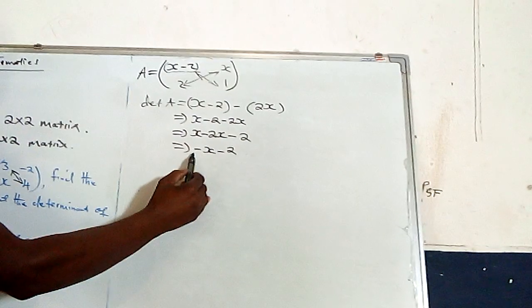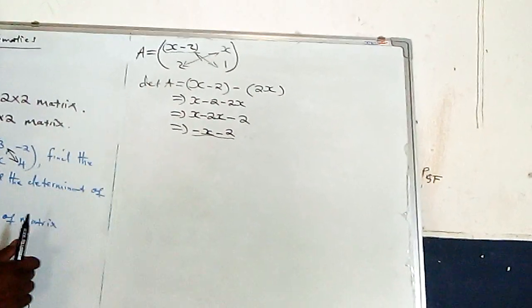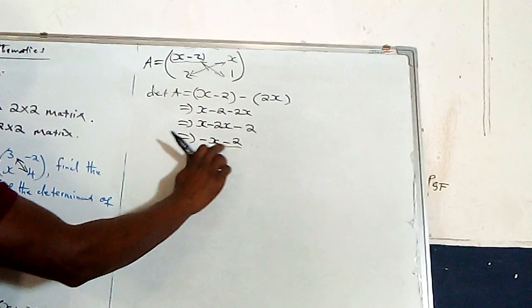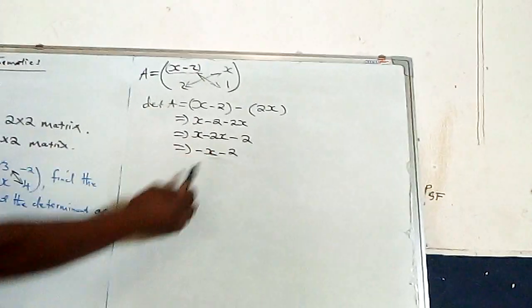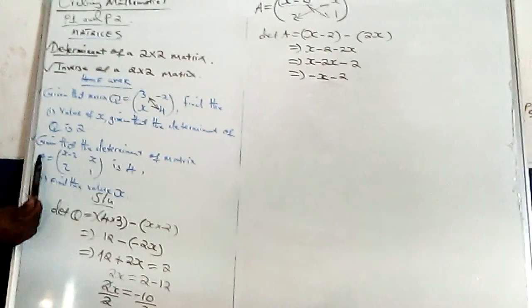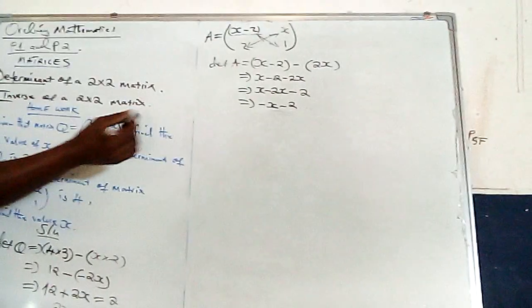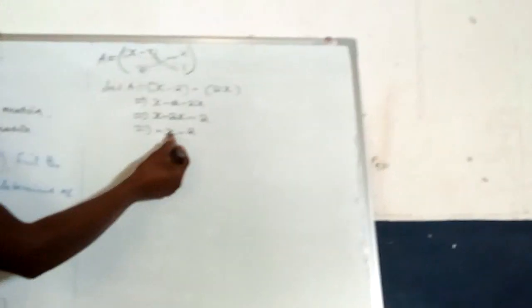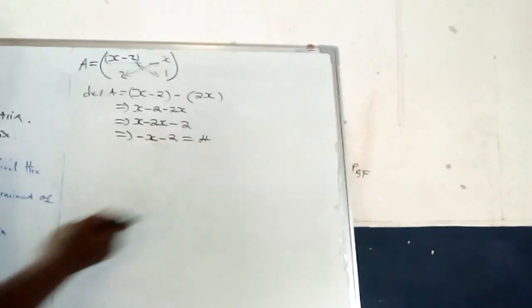Take note, this is the expression for computing the determinant of matrix A. We also know this is the determinant here. But we are also given in the statement that the determinant of matrix A is equal to 4. So then it's logical to say minus x minus 2 equals 4, so that we come up with an equation.